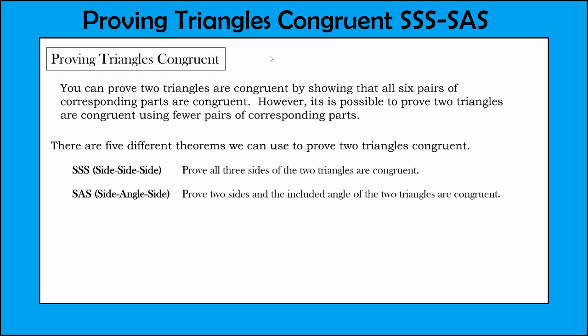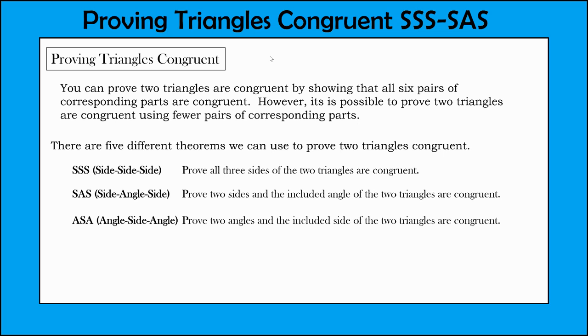Those are the two we're going to focus on today, but I thought I'd give you the whole list. The next one is angle-side-angle. If we can prove that two angles in one triangle are the same as two angles in a second triangle, and the included side between those angles is congruent to the included side of the second triangle, then those two triangles have to be congruent.